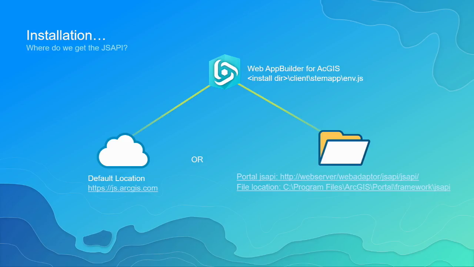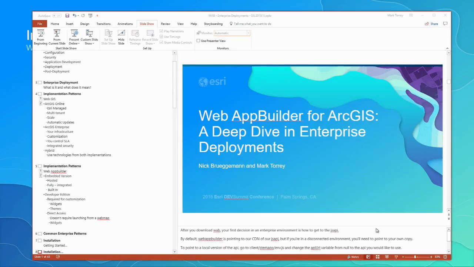That's great for getting started, but in organizations where we might not have that connectivity, or we just want to manage the JavaScript API ourselves, you can download the JavaScript API, set that up on your system and point your portal to use that. In this case, portal already comes with a version of the API.